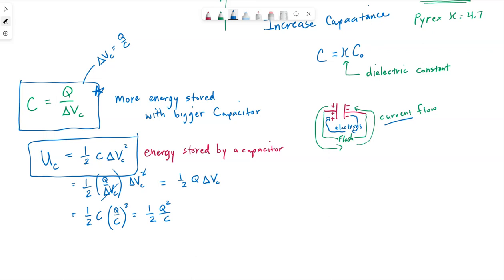Okay, one last equation we're going to see is energy. It's called energy density. They write this as a lowercase u sub e.